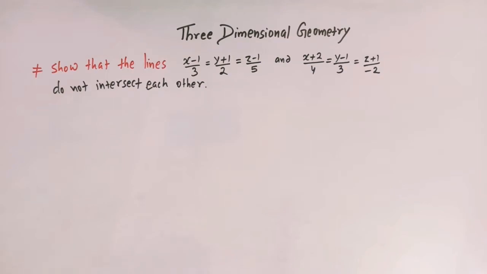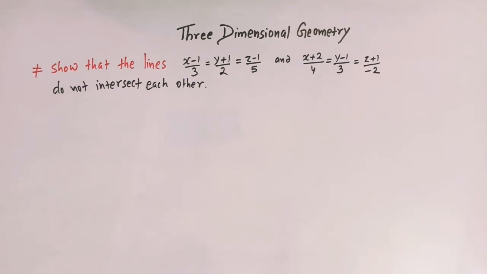So let us try to solve this problem. We can take two methods to solve it, but we'll do it by only one method. The first method is the shortest distance method, and the second method is the general point method.